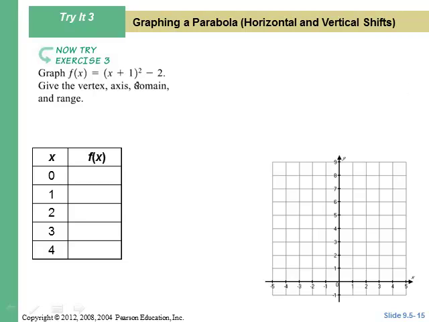Okay, I'm going to do this one by using the rules that we just learned. The 1 tells us to go back 1. The negative 2 tells us to go down 2. So that's where our vertex is, negative 1, negative 2. The axis of symmetry will be x equals negative 1.